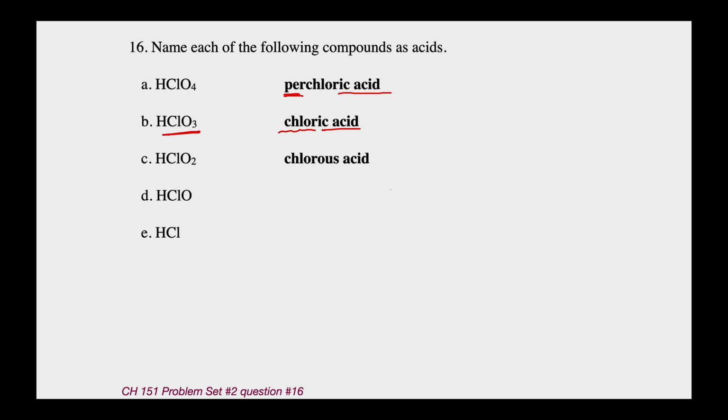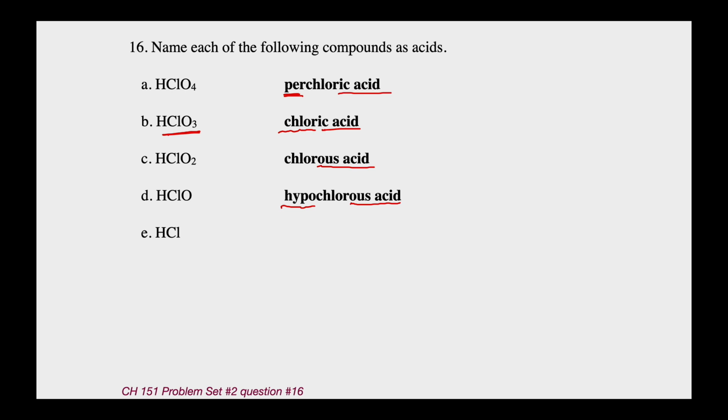The next one has even one less oxygen, so you put a hypo in front of the chlorous acid on that one. D is hypochlorous acid. All right, so one less oxygen means that you put a hypo in front of it, hypochlorous acid. So again, on C, you change the ic acid to the us acid, and on D, you still have the us acid, but now you also add a hypo.